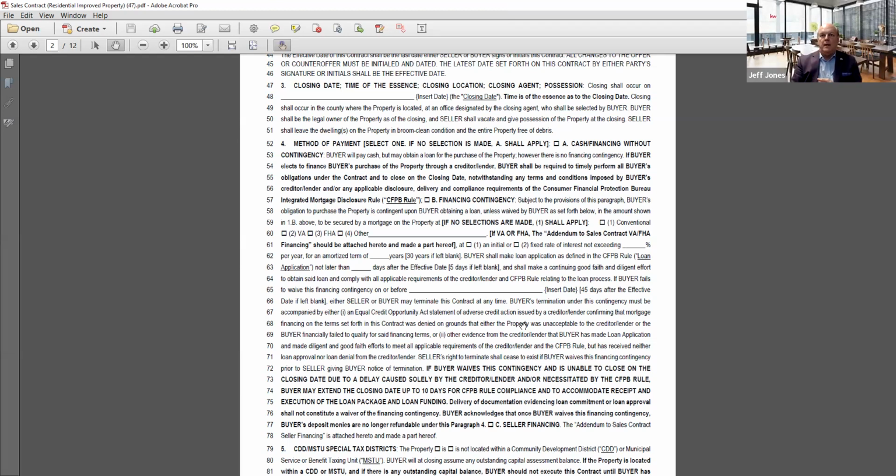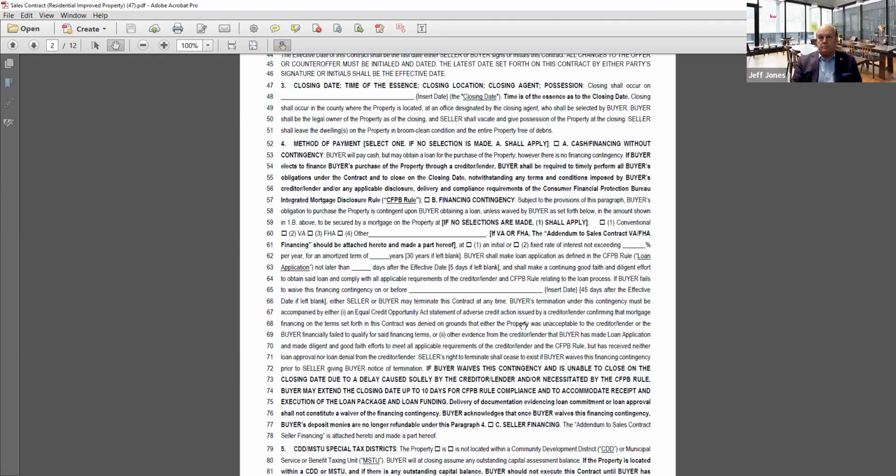We'll make it within 10 days. And the closing is tomorrow. And they say, oh, well, the lender's not ready. So make sure the buyers waive their contingency and send them a notification, an email will do, that you are extending the closing date up to 10 days for the CFPB rule or for a lender delay.